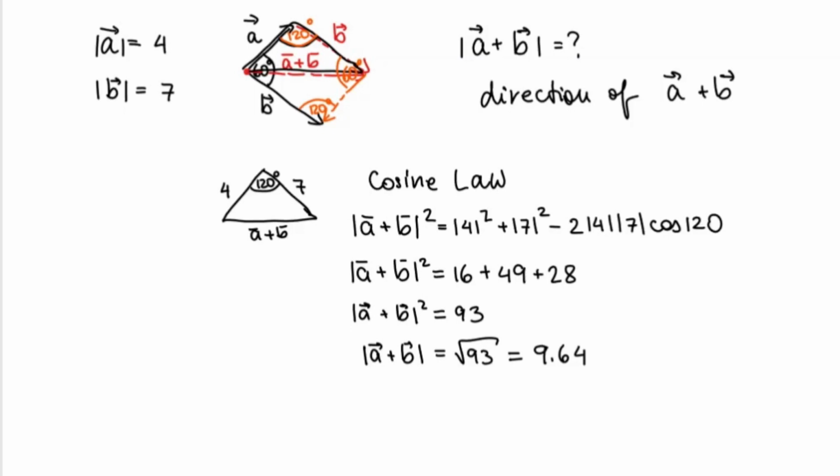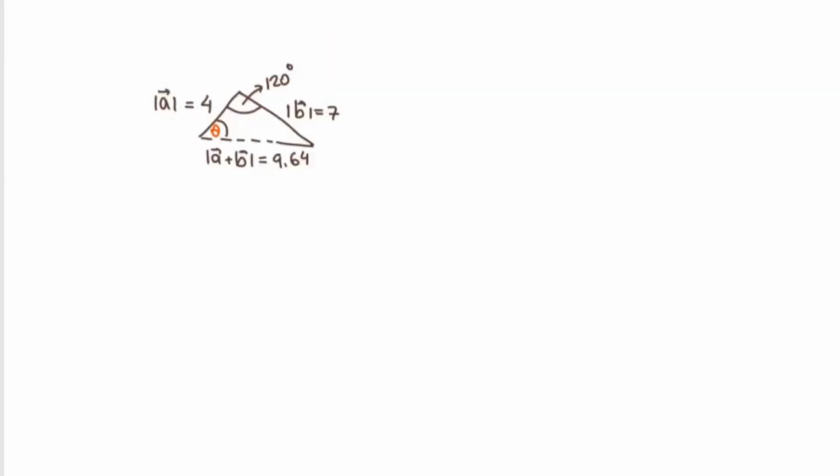Now we need to determine the angle right here, this theta, this portion of the 60-degree angle where the resultant vector connects to the original vector. This will give us the direction at which A plus B is going. Now that we have determined the magnitude of A plus B, we can determine the direction.